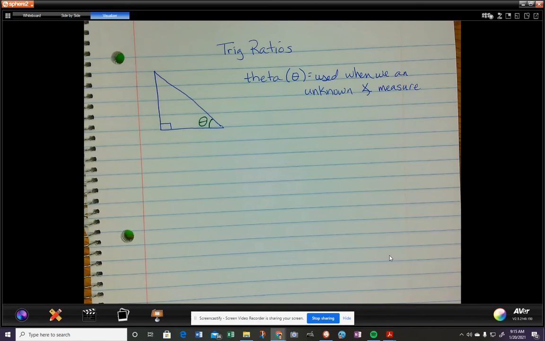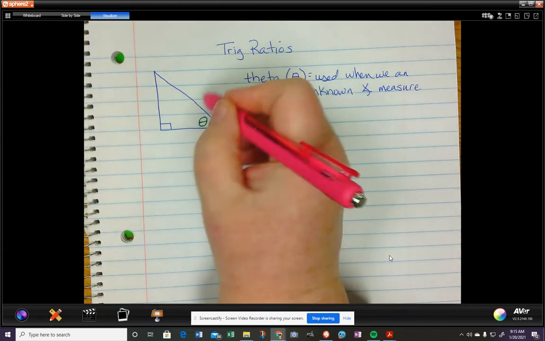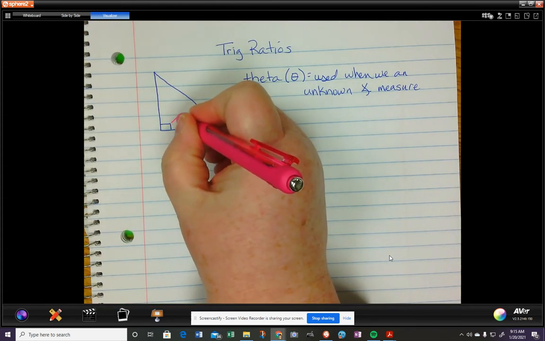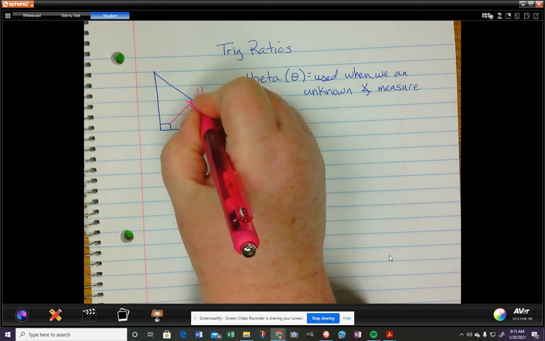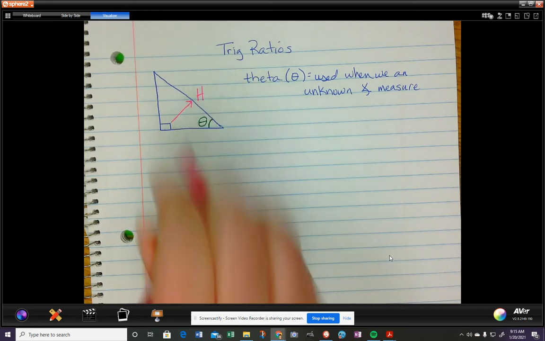And yesterday, or the other day in our video, we talked about labeling the sides of our triangle if we know an angle. So going across from the right angle, that's my hypotenuse.